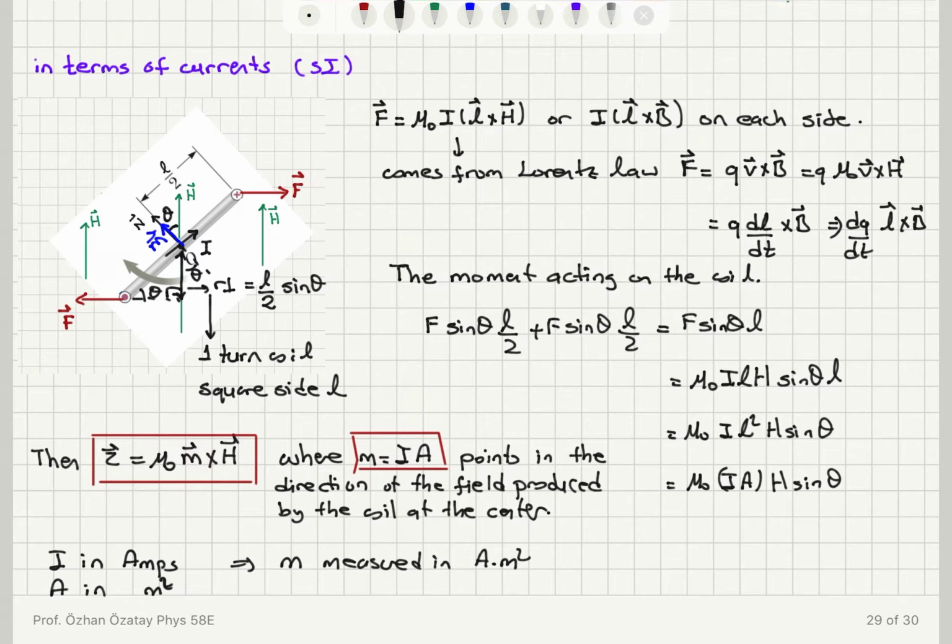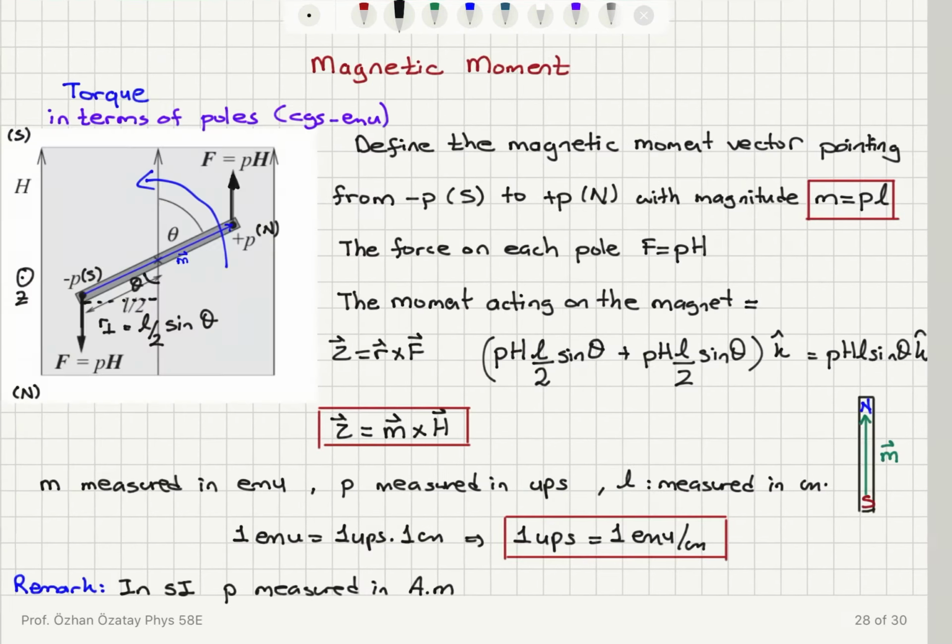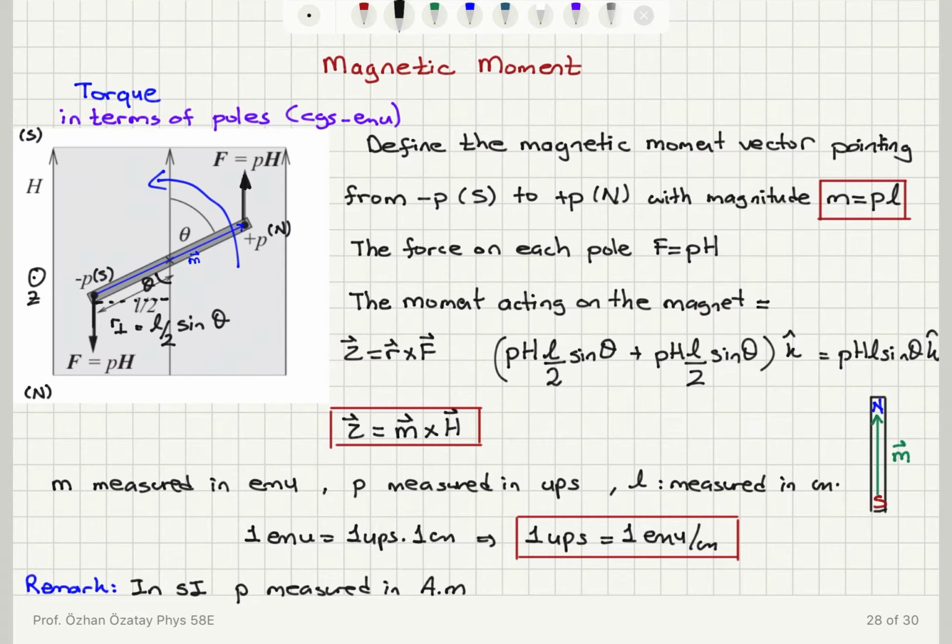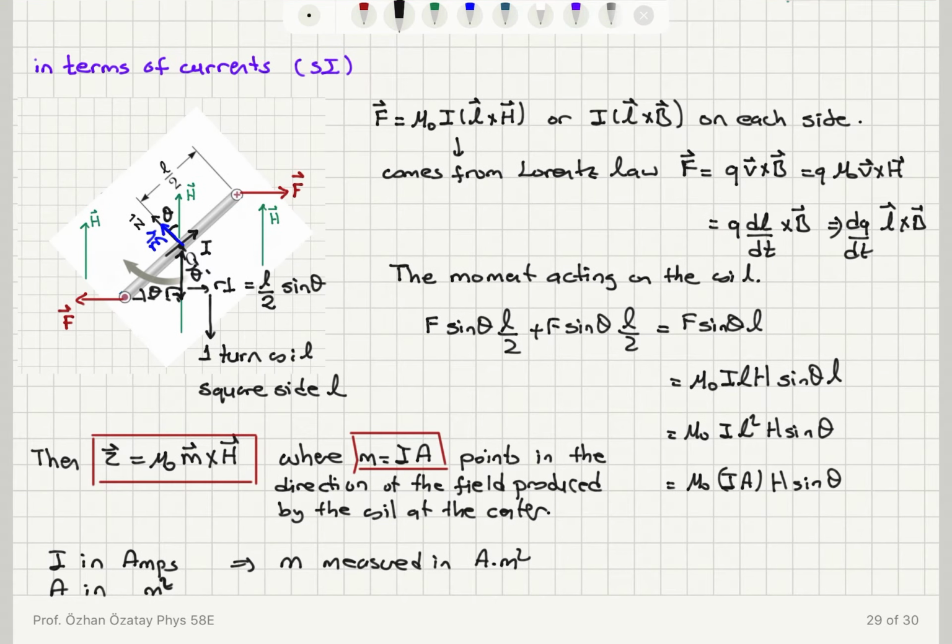And we're going to show later on the relationship between this magnetic moment measured in ampere meter squared and also measured in EMU. So what is the conversion from ampere meter squared to EMU? We will talk about this in the next video.